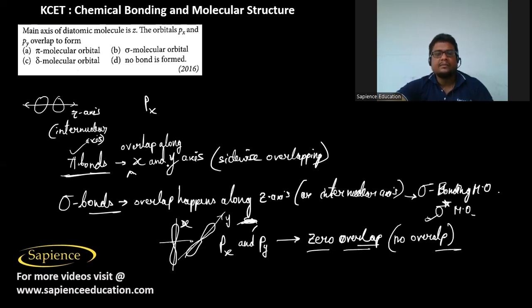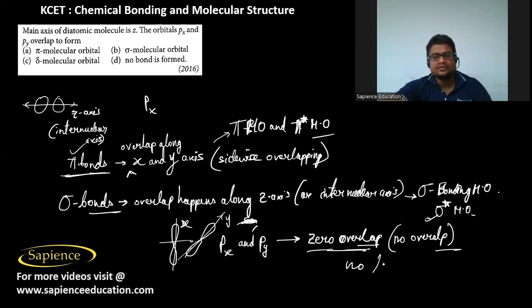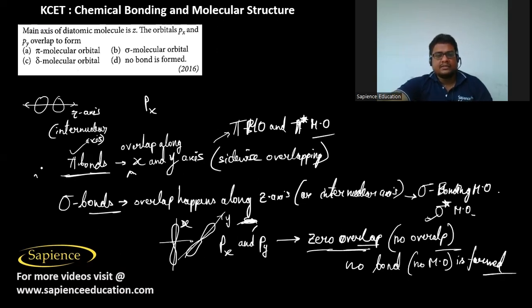And in case of pi bonds also, pi bonding molecular orbital is formed, and pi antibonding or pi star molecular orbital is also formed. And with px and py there is zero overlap, hence no bond is formed, and so no molecular orbital is formed here. So option D is the correct answer.